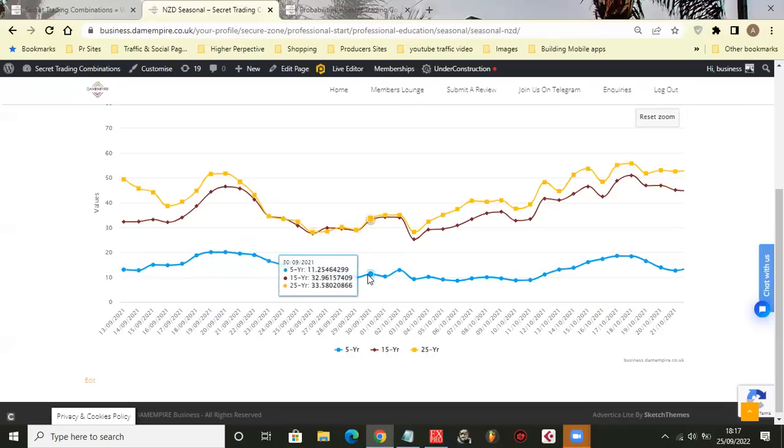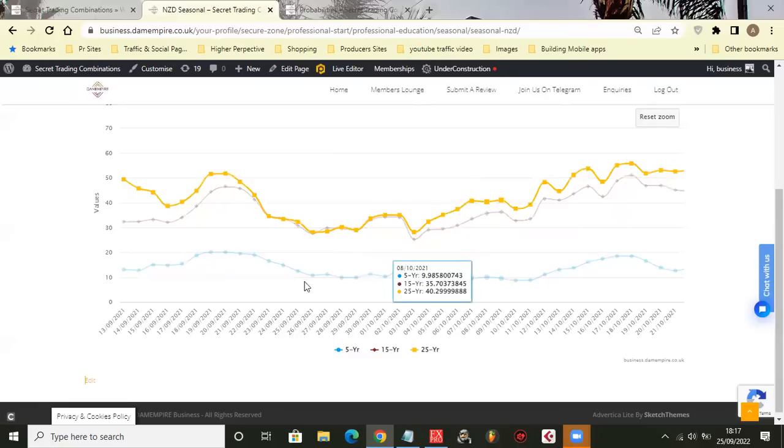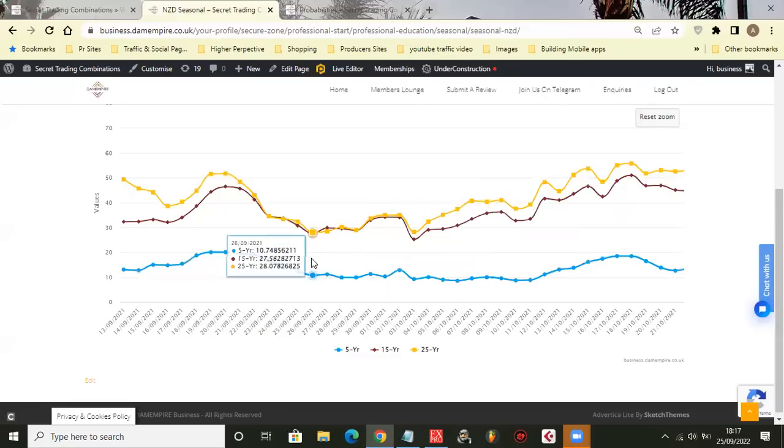So I'm gonna go here. So the long is there, but it's not as much as I would like it to be. But overall, when you look at it, it shows that it might actually go long. So what I'm gonna do in this scenario, for example, is I'll put it long, but because of the 5 years going against it a little bit, not really looking exactly how I want it to look.